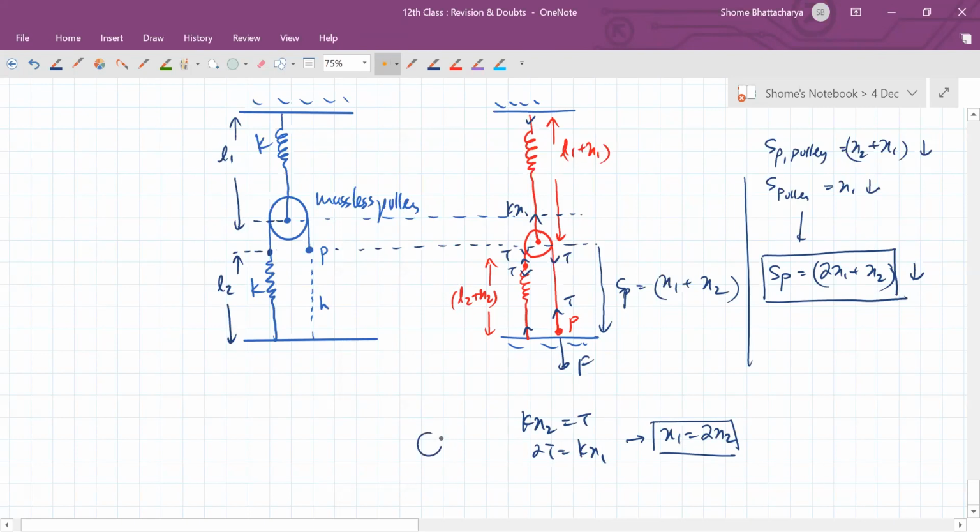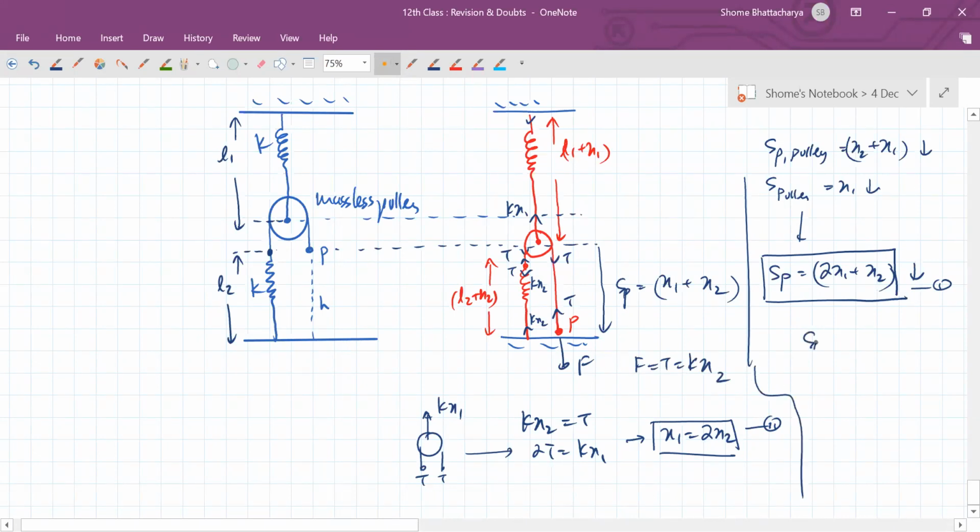So this is from the free body diagram of the pulley. This one, and this one is obviously this one. The tension in the thread is equal to kx2. So this is equation 1, this is equation 2, and obviously we know that F is equal to T is equal to kx2.